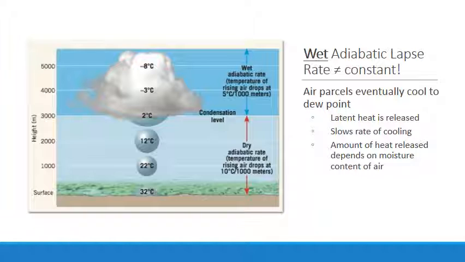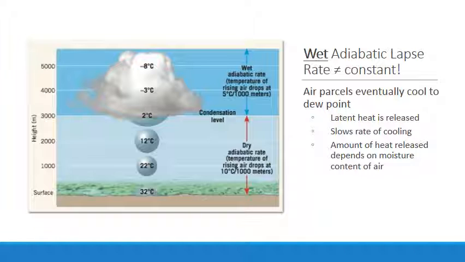Because the amount of latent heat release depends on the quantity of moisture present in the air, and that can be anywhere between 0.01 and 4%, the wet adiabatic rate varies, right? So if there's more water in the atmosphere, it makes sense that we'd see a different lapse rate.